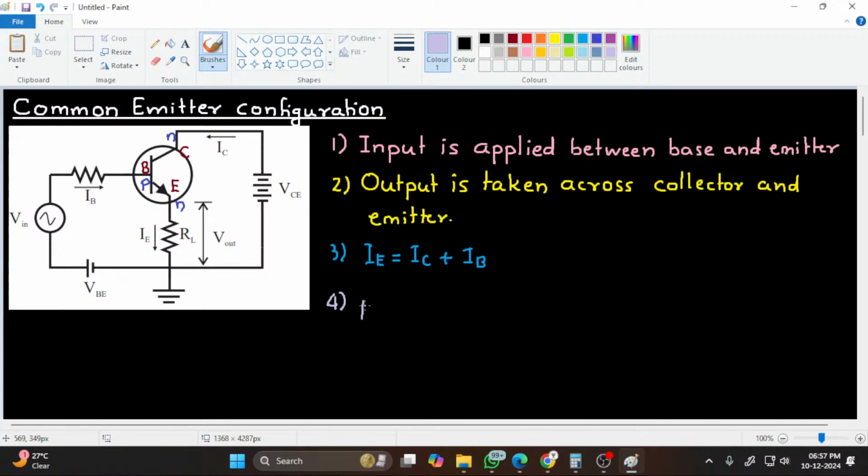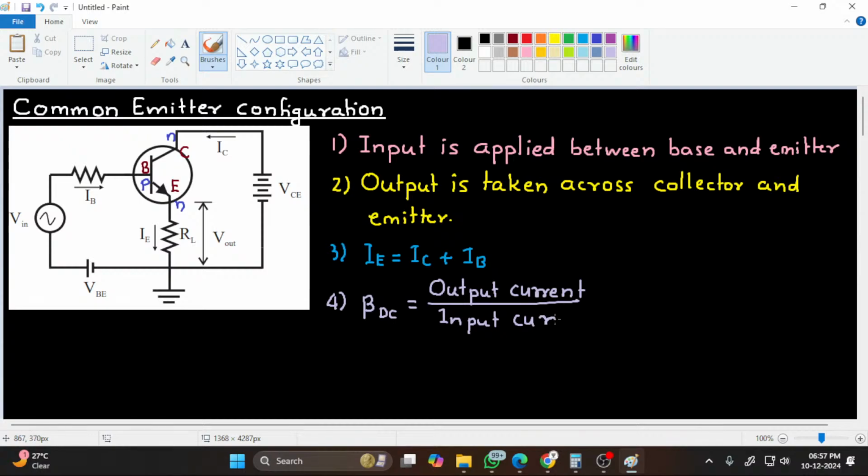That is the output current upon input current. Beta DC is defined as output current upon input current. थोडक्यात current gain. Ratio of output current divided by input current.